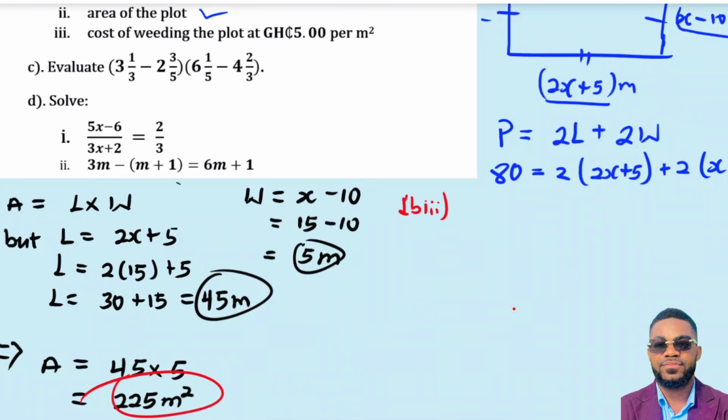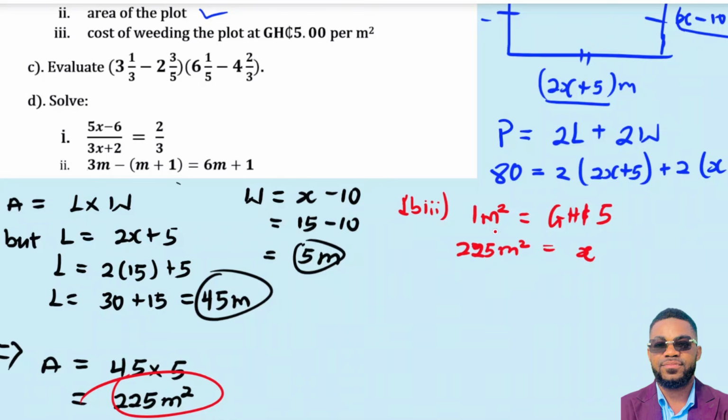So I'm just going to create a proportion here. So 1 meter square is equal to 5 Ghana cedis. So if that's the case, then 225 meters square will be equal to what? So you can use proportion for this one.